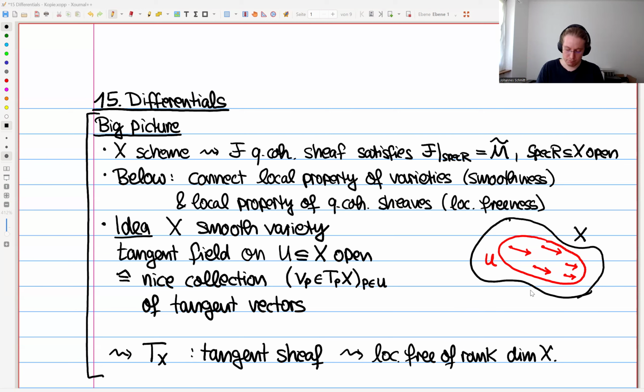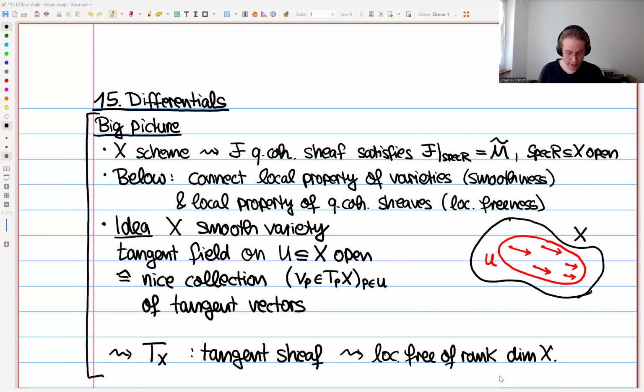We can basically write down a basis of this tangent sheaf, so a basis of the tangent vectors, which makes this in fact a locally free sheaf of rank given by just the dimension of X, because that's how many degrees of freedom we have locally. So this is the idea that we have.